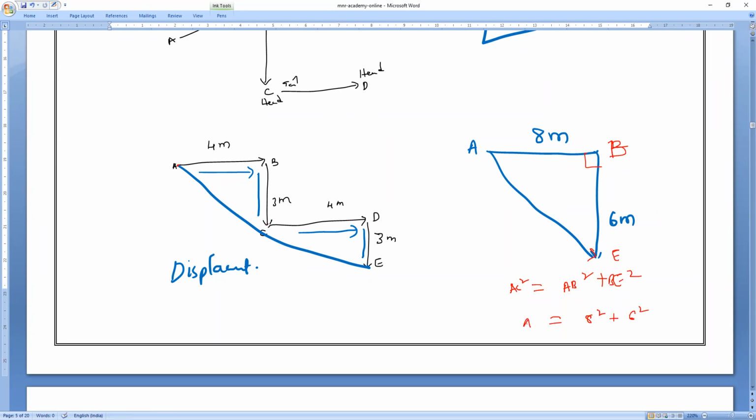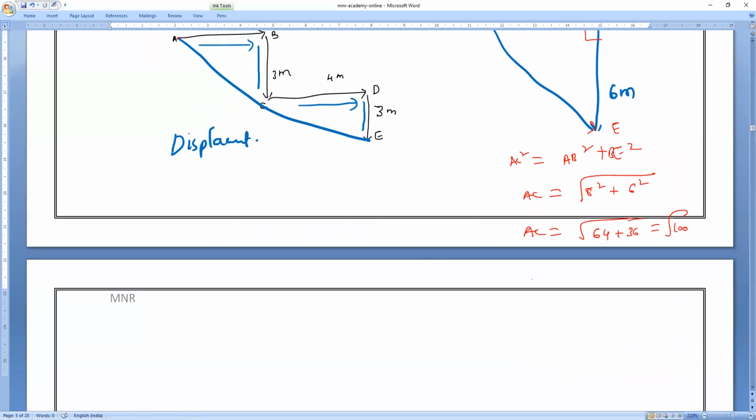So AC is equal to root of 64 plus 36, which is root 100. Can you tell me what the displacement, the hypotenuse, is? AC is equal to root 100, which means root of 10 square. How many meters is the displacement done by the body? 10 meters. Understand, everybody?